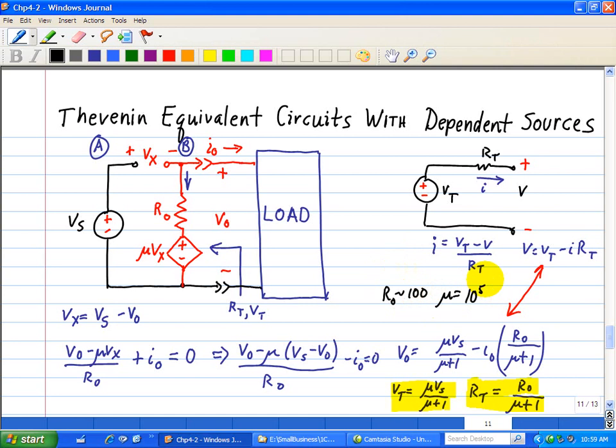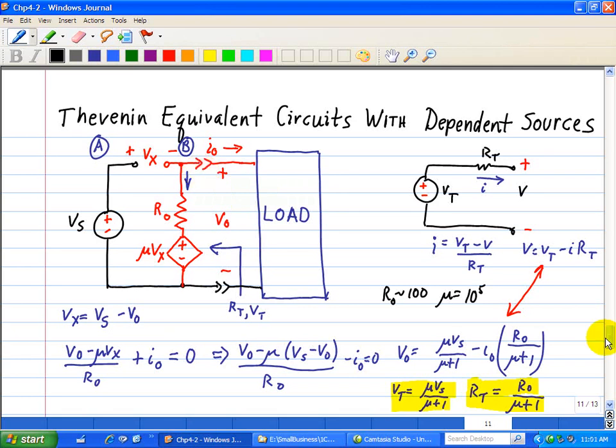And thus the active Thevenin resistance of the voltage follower is not really 100 ohms, but is 100 ohms divided by this mu plus 1 factor, which results in a very small output resistance of a milliohm, which basically is what we want: a small output resistance so that all of the voltage delivered by our source is delivered to the load and very little is dissipated at our output resistance.